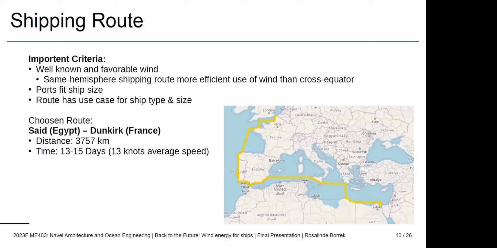Sorry, I'm probably totally butchering that name, in France. And it has a total distance of 3,700 kilometers, and with a traveling speed of 13 knots, which is a little bit on the slower side for such a vessel, but makes using wind energy more efficient. The ship would then need 13 to 15 days for a route like that.